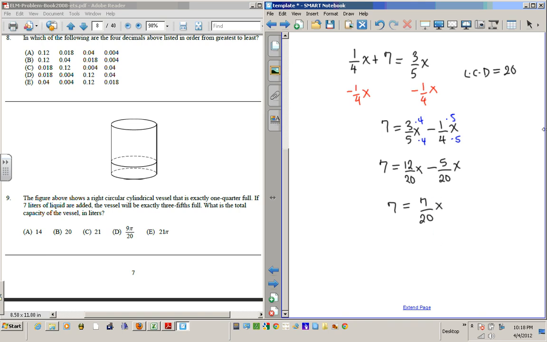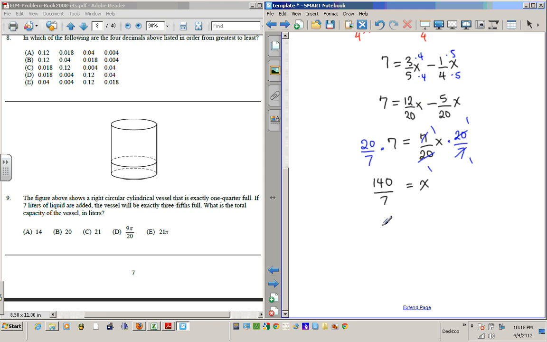To get X by itself, you multiply by the reciprocal of 7/20, or divide by it, but multiplying by the reciprocal is much nicer to execute. So 7 cancels with 7, 20 cancels with 20. You're left with X is 140/7.